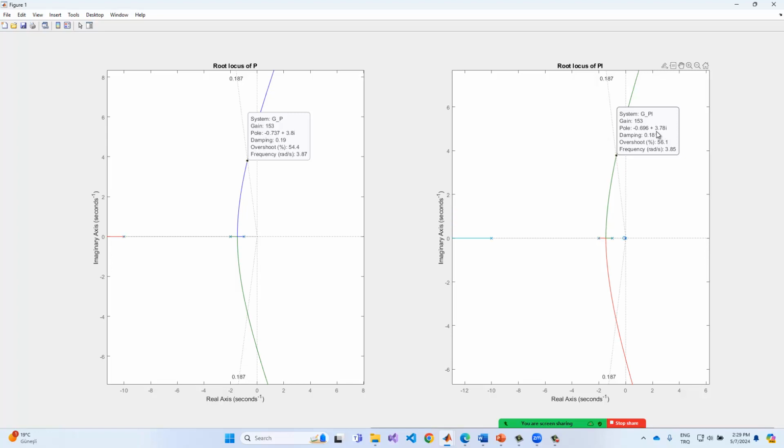But what is the difference between these two systems in here? The root locus is changed, but the gain is the same in these two cases, right?